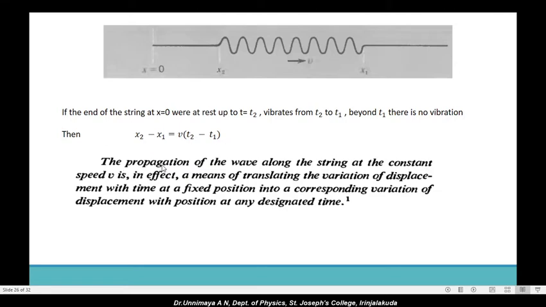So we can write that the progression of the wave along the string at the constant speed v is in effect a means of translating the vibration of displacement with the time at a fixed position into a corresponding variation of displacement with the position at any designated time. So x2 minus x1 equal to v into t2 minus t1.